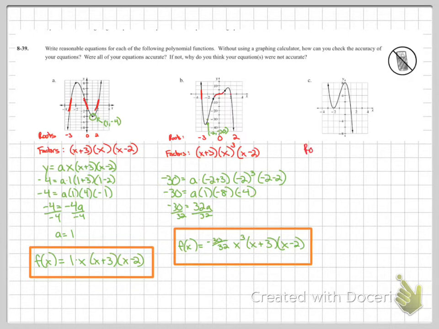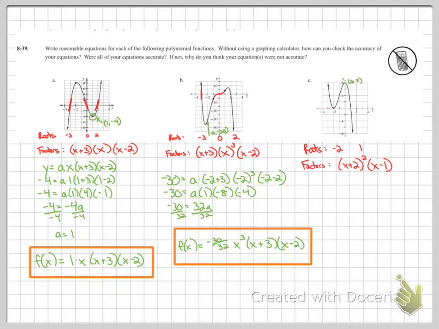My roots: I see one at -2, but it is a bounce, so we'll have to square that later, and at 1. So my factors, opposite, are x plus 2, and to make it bounce like that, it needs a square, and then x minus 1. Do they give us a good point? It looks like this point at the top is (0, 8).